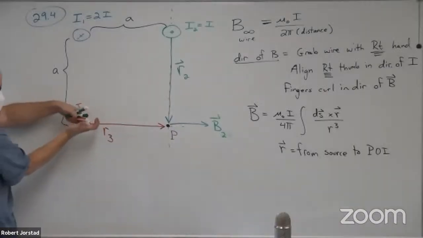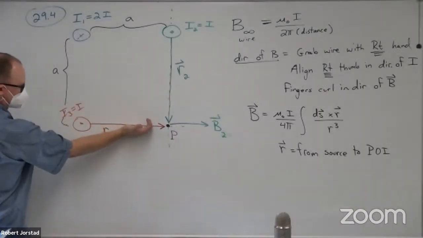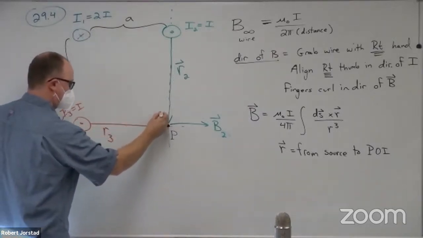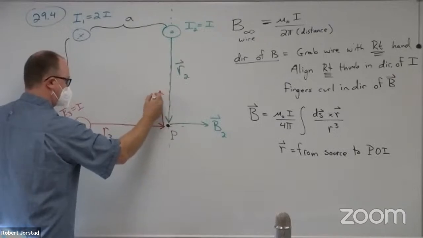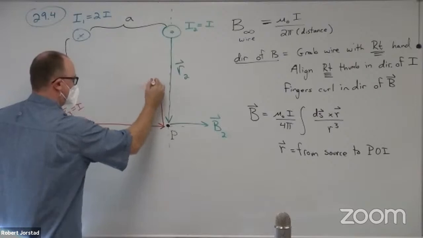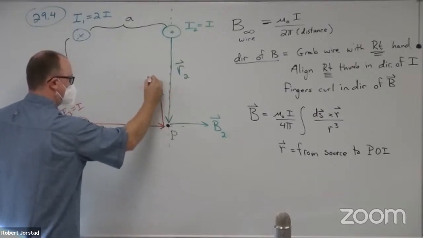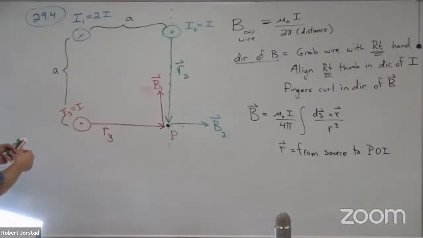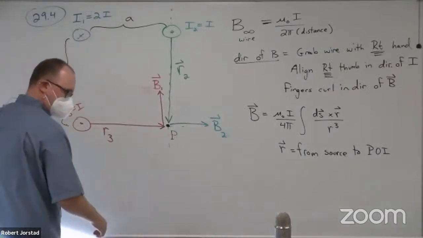My R vector extends along the hand. It's up. Did that make sense? Why, Christian? You got it? Yeah, I got it. Yeah, so, all right. How about I1 up there?